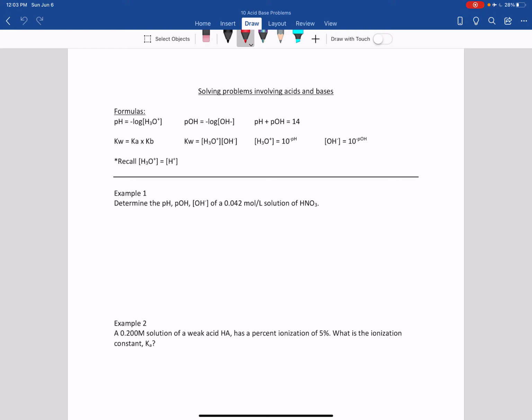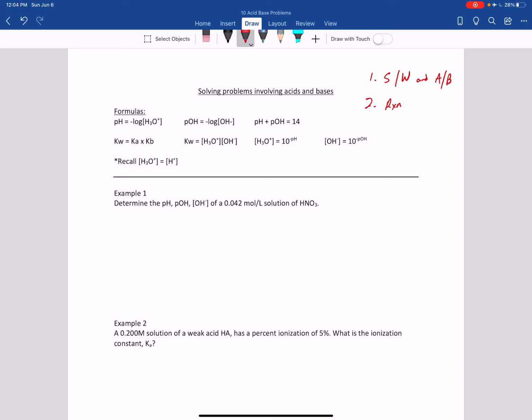What we want to consider when we're solving acid and base problems is a couple of steps. We can make ourselves an algorithm. We want to ask ourselves, is it a strong or a weak acid or base? Strong or weak, and then acid or base, because that's going to depend on what we're looking for. Then we'll need a reaction that identifies the ionization or the dissociation.